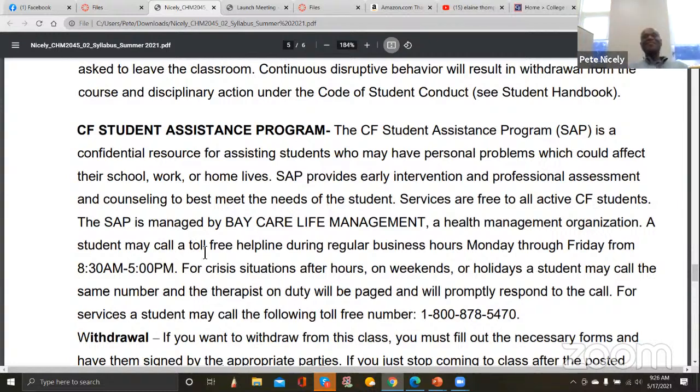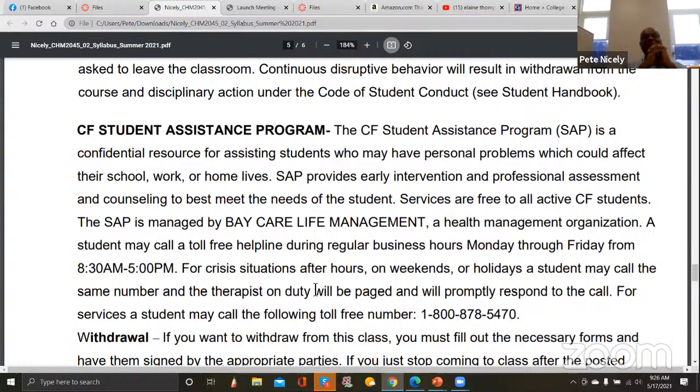Now, this is a program that is managed by an HMO called Baycare Life Management. And as I said before, you call this toll-free number between the hours of 8:30 a.m. to 5 p.m., Monday through Friday, all right? And that will put you in contact with a therapist on duty, and he or she will be able to help you from that point forward.